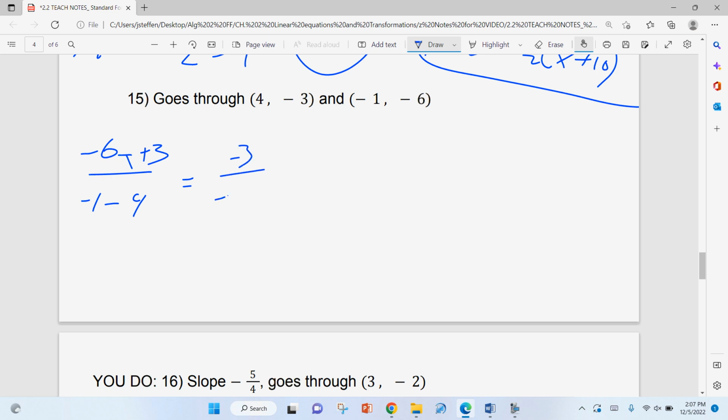Negative 1 minus 4 is negative 5, so that's your slope. Again, it doesn't matter which ordered pair you use. y minus negative 3 is equal to 3 over 5 times x minus 4.